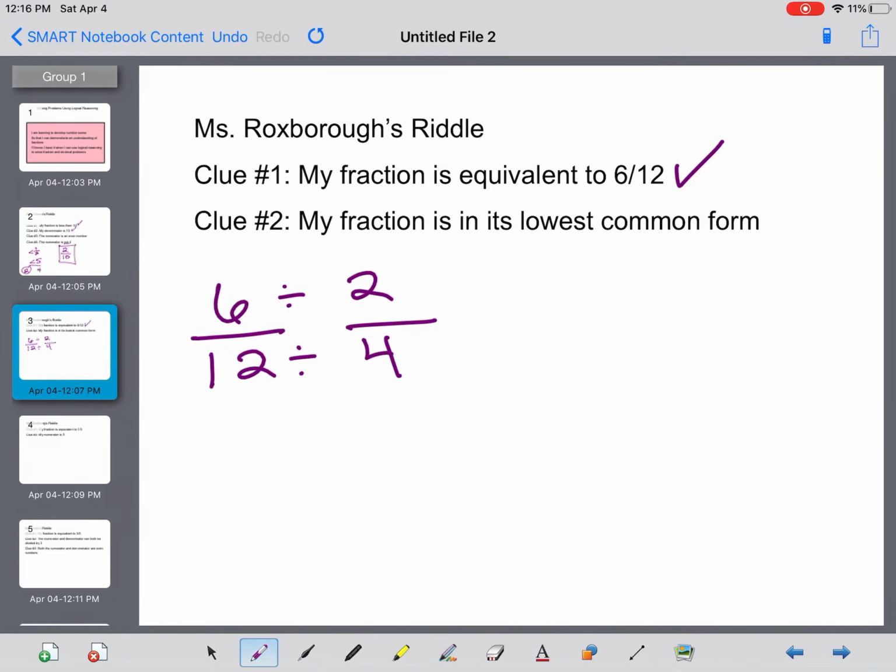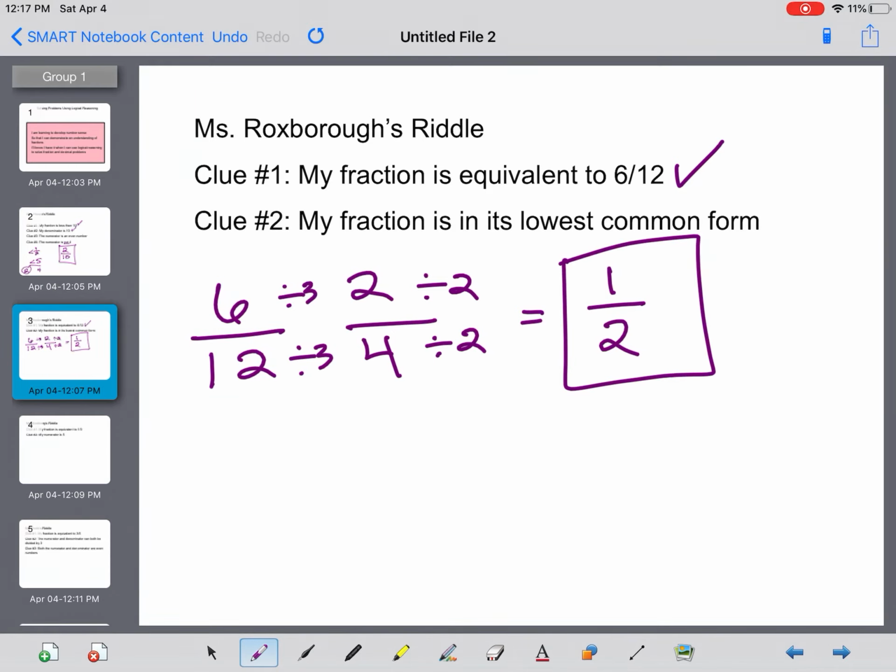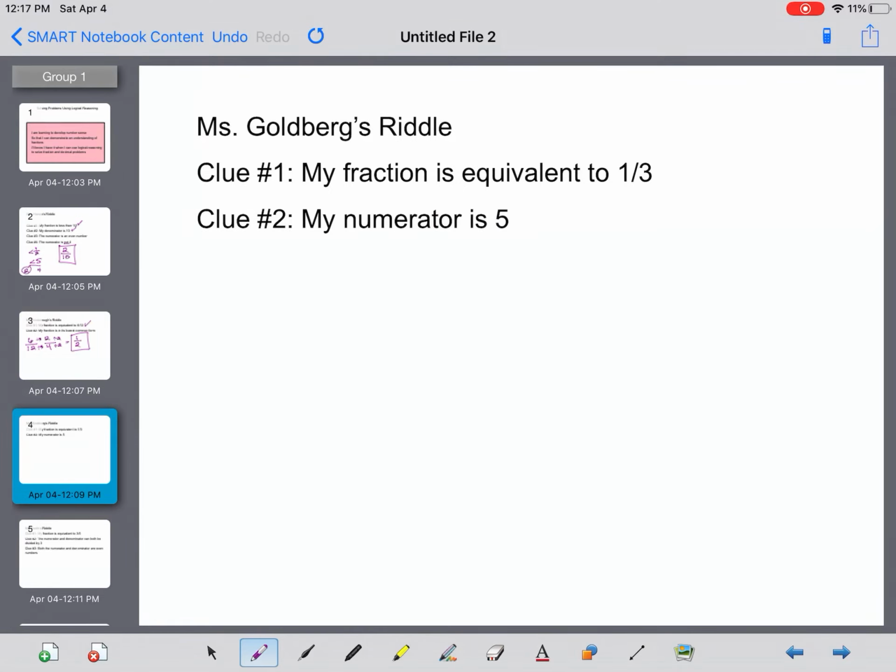I can divide both of these numbers by 2, and I am left with 1 over 2. I now know that I can't divide this number any smaller because, as we learned in a previous lesson, any fraction with a numerator of 1 is already in its lowest common form. So my answer to Ms. Roxborough's riddle is 1/2.